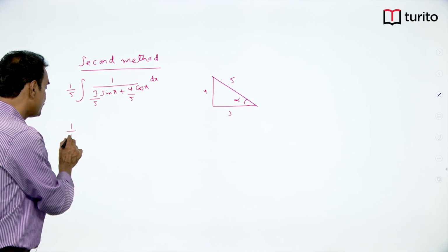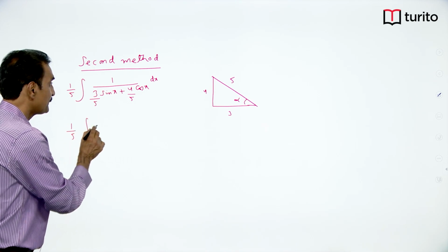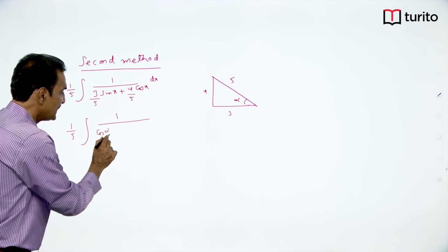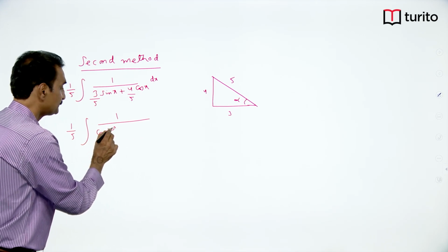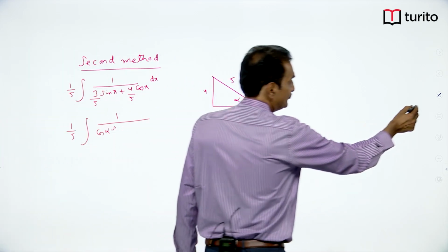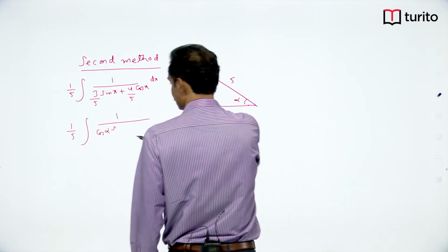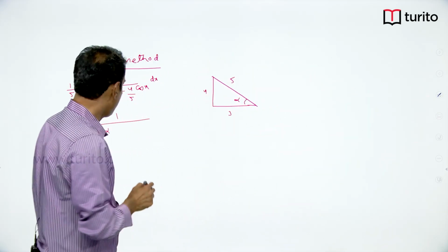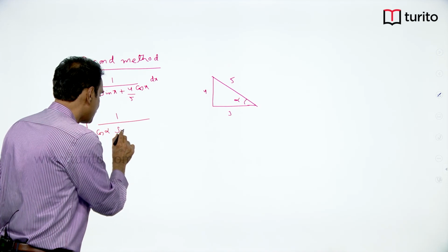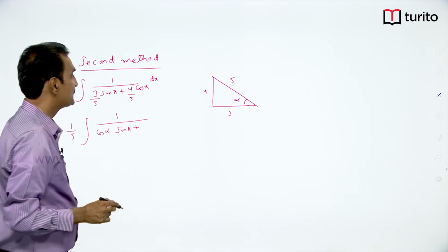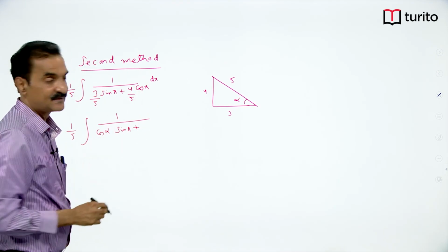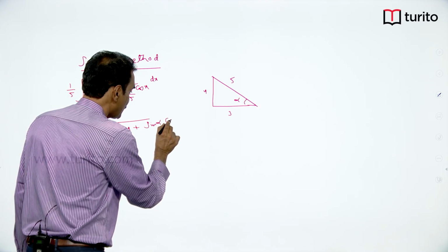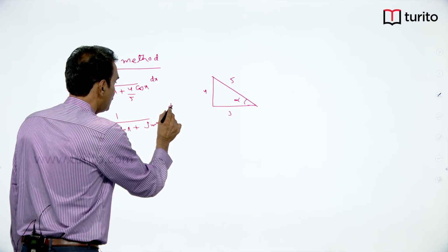It becomes 1 by 5 integral 1 by cos alpha sin x plus sin alpha cos x dx.